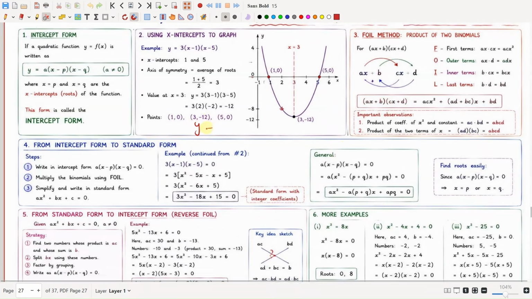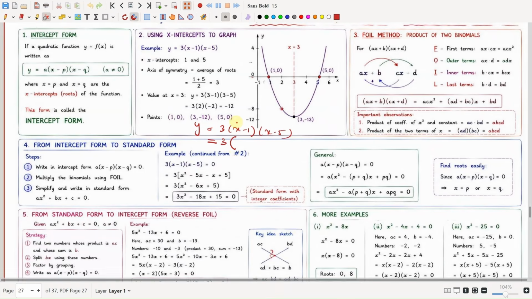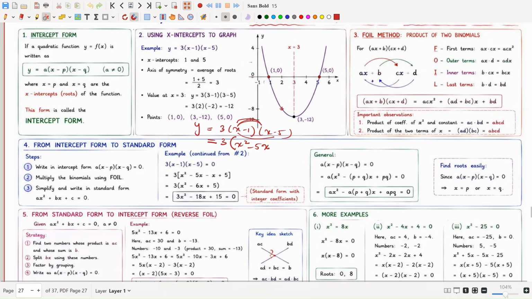Y is equal to 3 into (x minus 1) into (x minus 5). Okay, this is the intercept form. Then I am going to see 3 into, first I am going to the first terms, so x square. Then I am going to the outer terms, minus 5x. Then I am going to the inner terms, minus x.